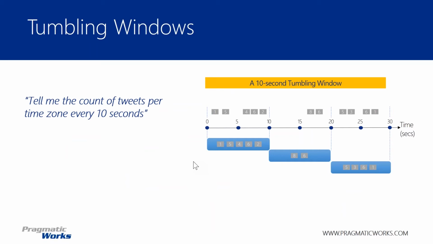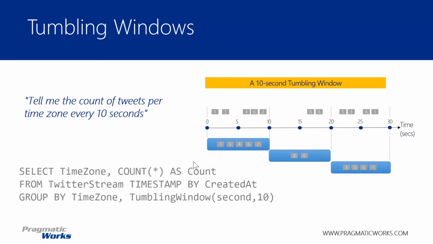Now, those windowing functions I mentioned earlier, we're going to take a look at those three that we showed on the slide, so you get an idea of what we're trying to accomplish as we query the data coming into our Stream Analytics job. One of the scenarios might be, tell me the count of the number of tweets per time zone every 10 seconds. This will be an example of a tumbling window, and this is an example of what the query would look like. So we're going to select the time zone.